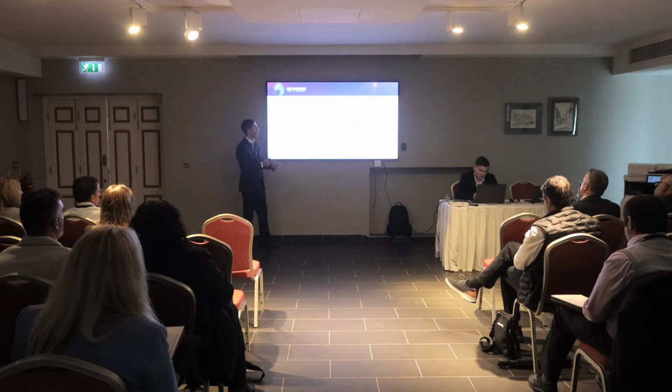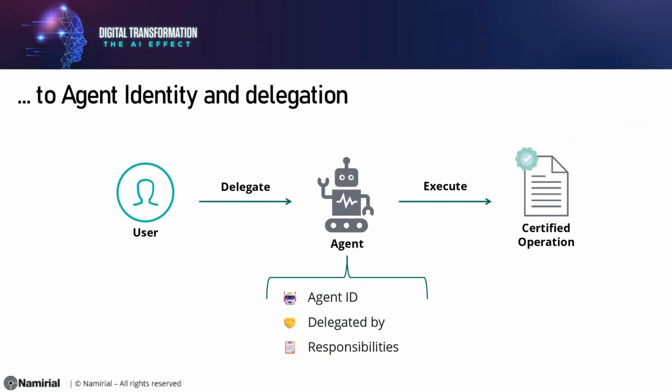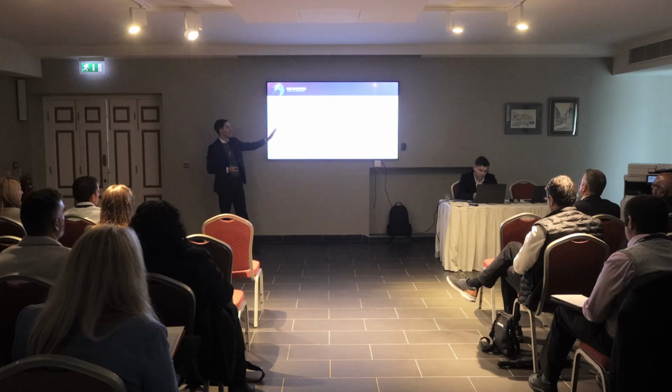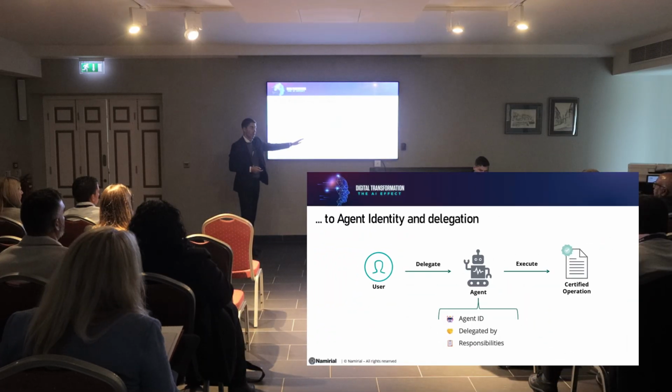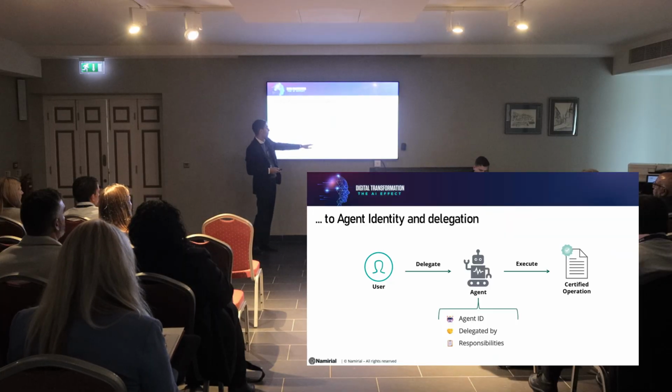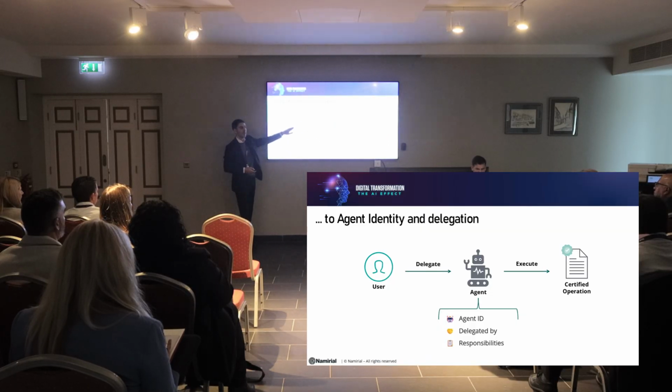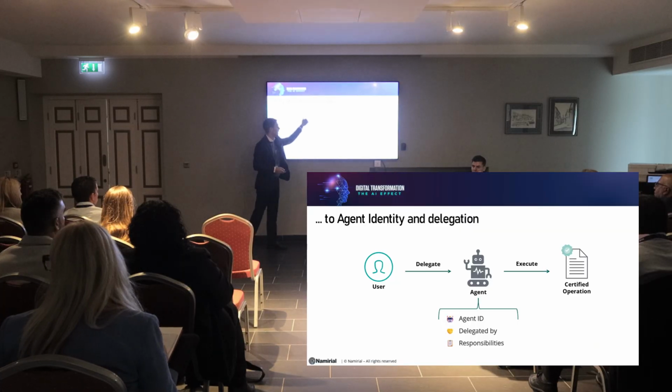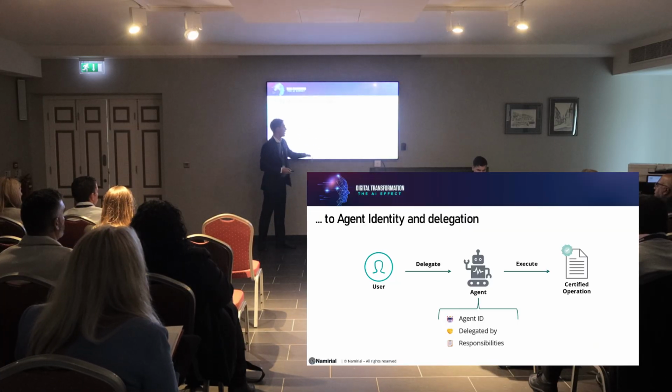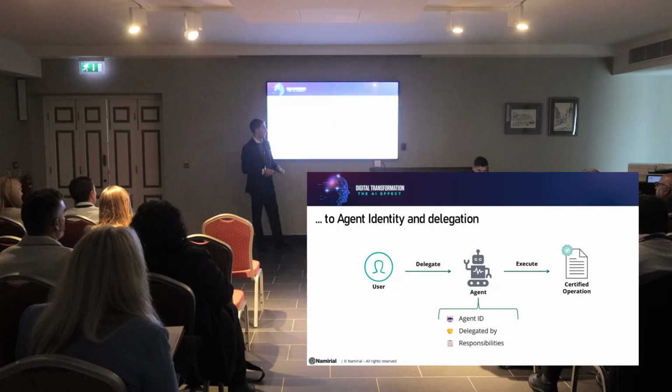We can do it with three simple elements. First of all, an agent ID. So we need to be sure who the agent is. Then, of course, the agent must be delegated by a user that is identified. So the first step is to identify the user. Once the user is identified, they can delegate an agent that has an agent ID, so I know which agent is acting.